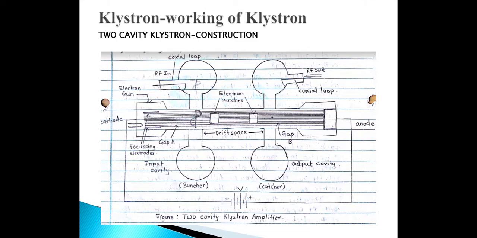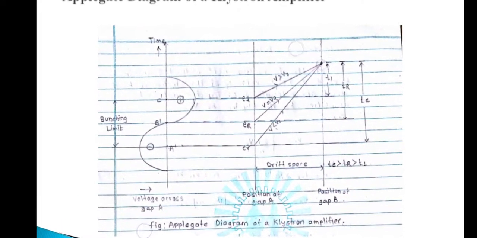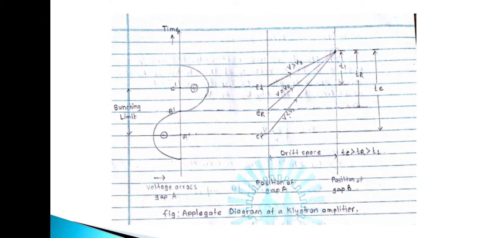So the working at this point can be explained in this diagram. Here are the three kinds of electrons, that is EL, ER and EE. ER is the reference electron.